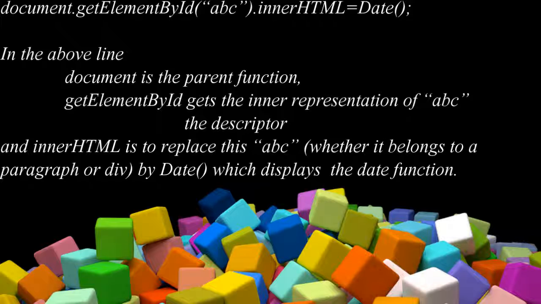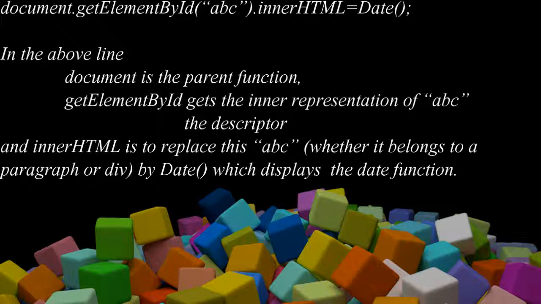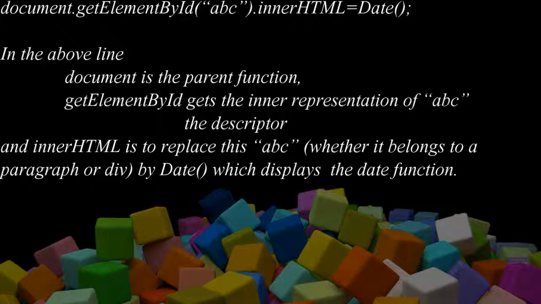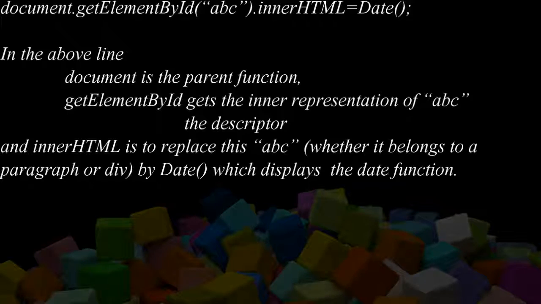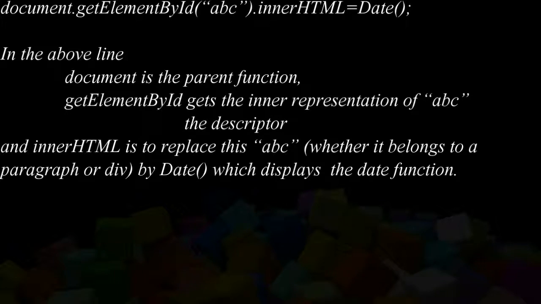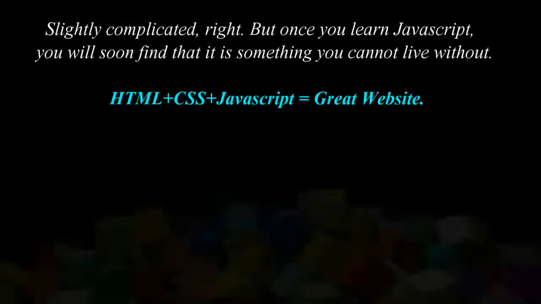And innerHTML is to replace the content of abc, whether it belongs to a paragraph or a div or whatever tag it may be, by the date. Date() is a function which returns the date, which means after you execute this code, abc will have a value of the current date and time. So this is how JavaScript works.